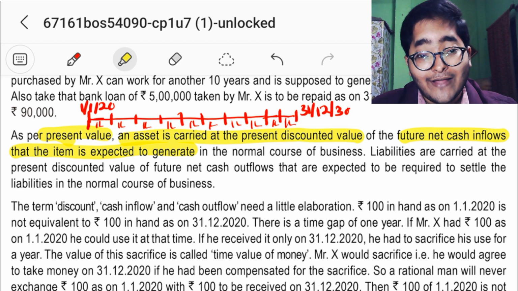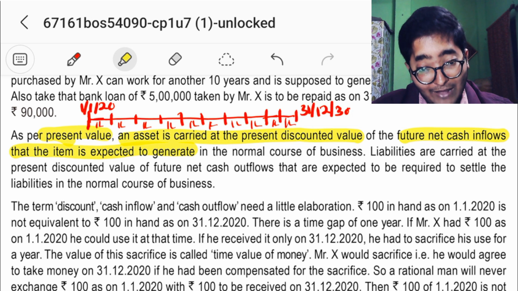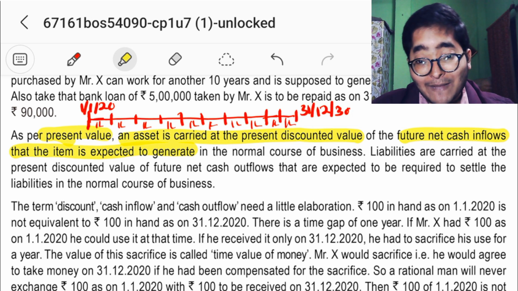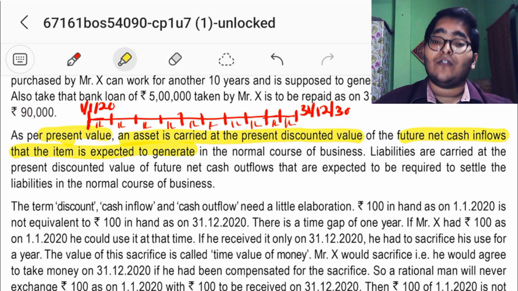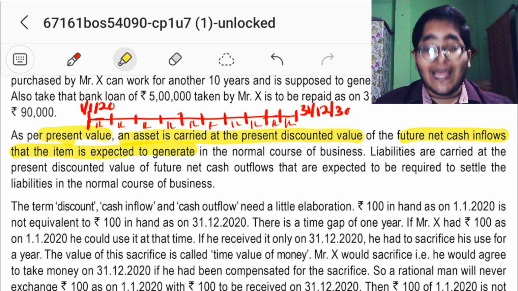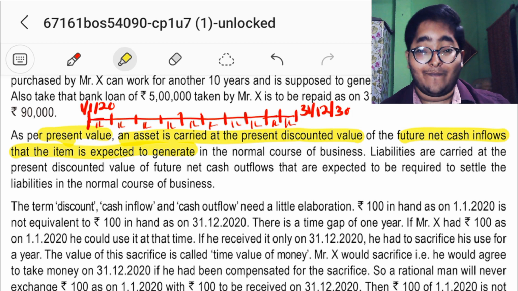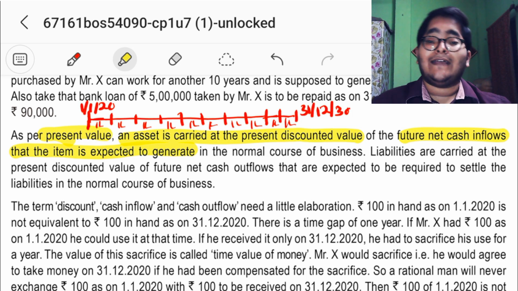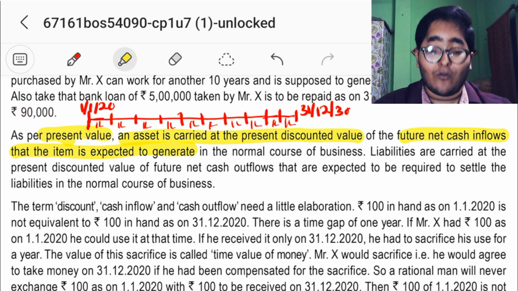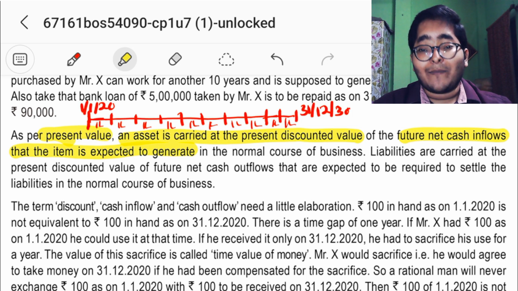Liabilities are carried at the present discounted value of future net cash outflows that are expected to be required to settle the liabilities in the normal course of business. एक liability के लिए net present value या फिर present value क्या है? एक liability को एक term के बाद या फिर अपने normal course of business में कुछ time के बाद settle करने के लिए कितना amount net cash outflow होगा.